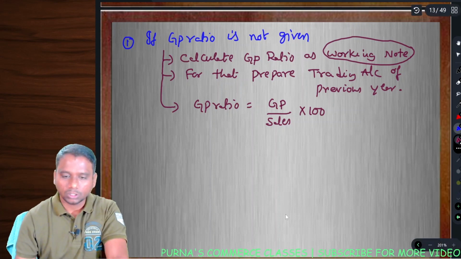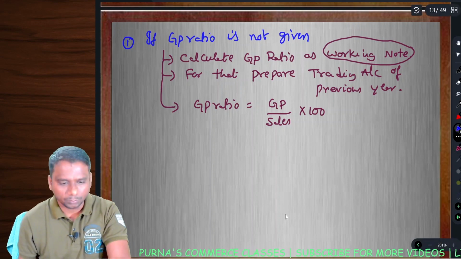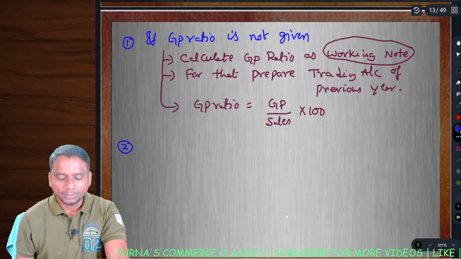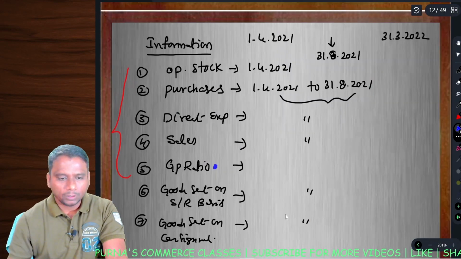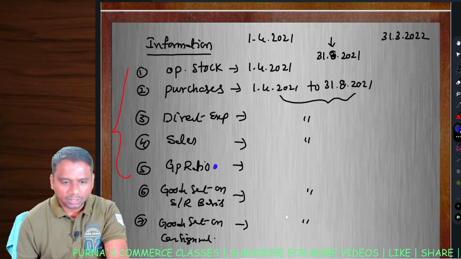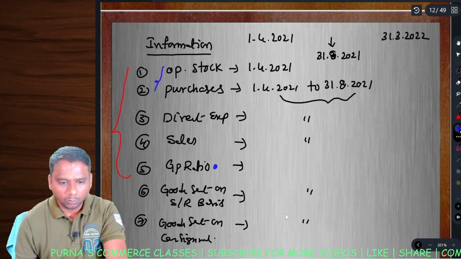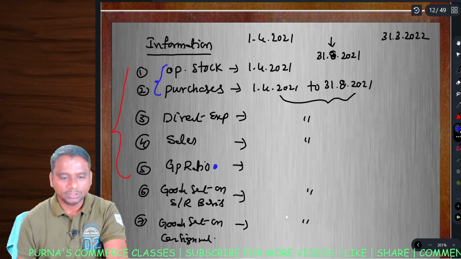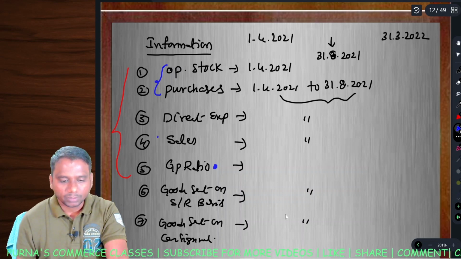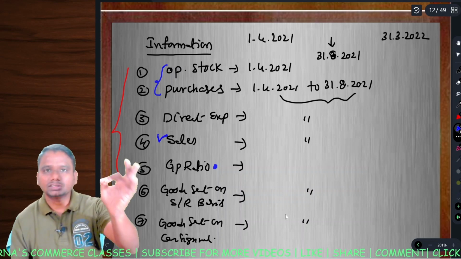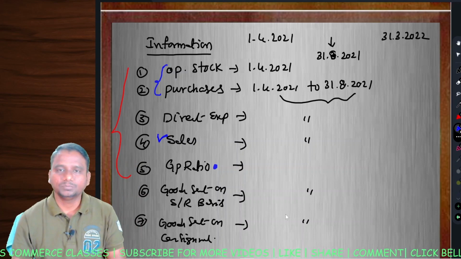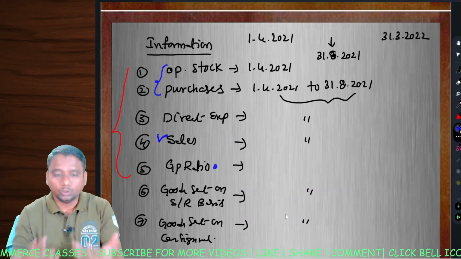Okay, GP ratio not given. This is one way of giving the problem. Second one, if you observe, the above things are now out of this information and sales information. So opening stock, purchases and sales. So what can he do?